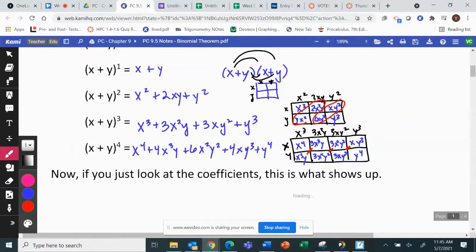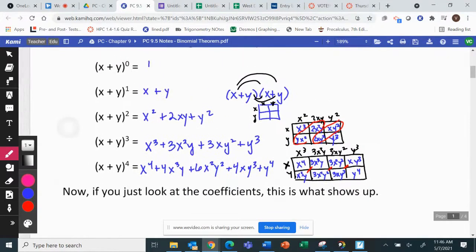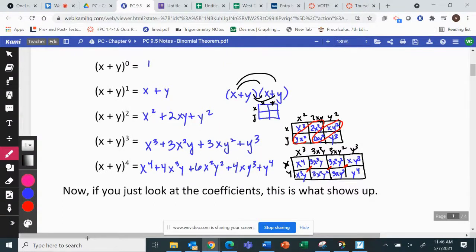Okay. So John's saying at the beginning and the end, we've got x to that given power or y to that given power. And then he's saying in the middle, when it's squared, there's 1 middle term. When it's cubed, there's 2 middle terms. When it's fourth, there's 3 middle terms.